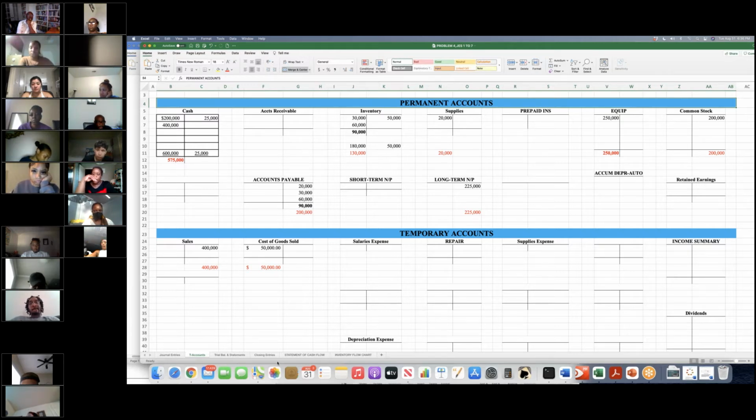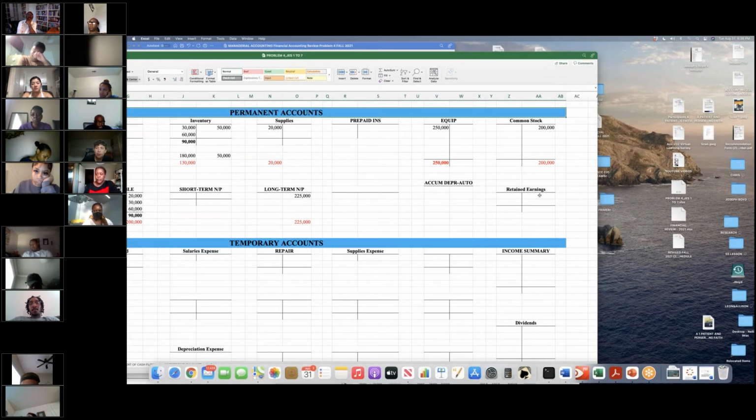And retained earnings is supposed to have what balance? Right now, retained earnings has what kind of a balance? Debit. Zero. And what is this supposed to be after the closing entries? 445,000. That's what he said.